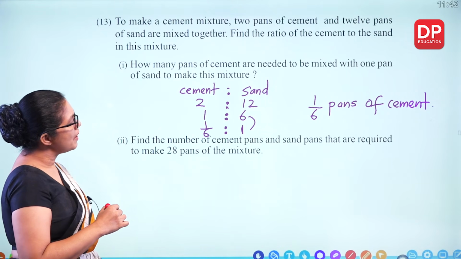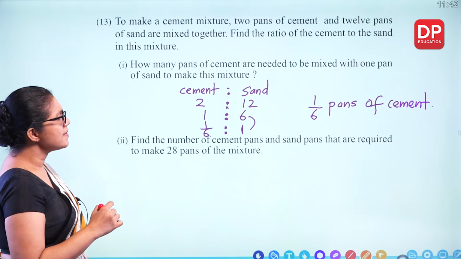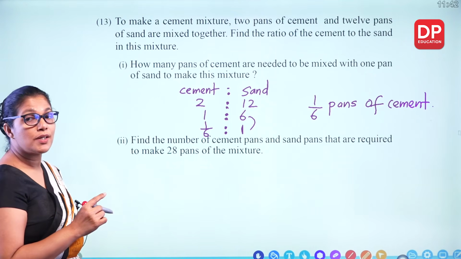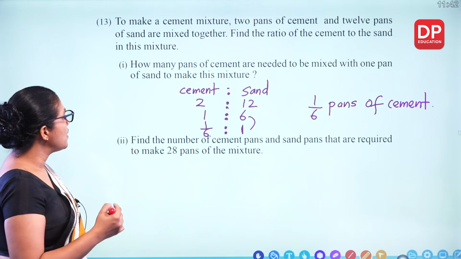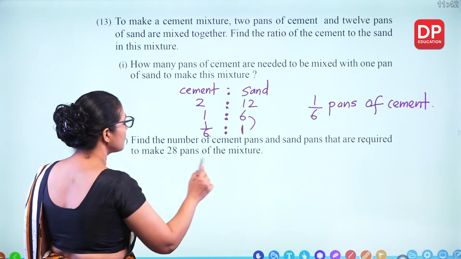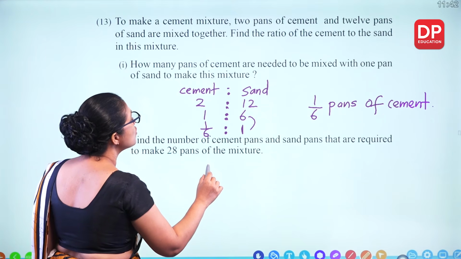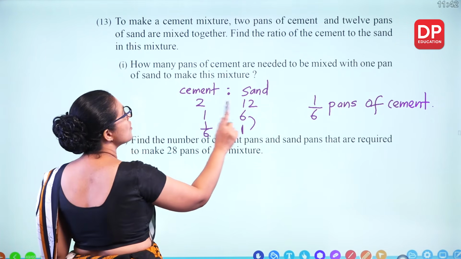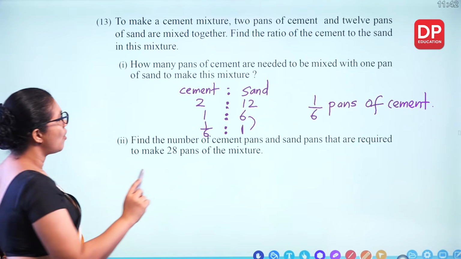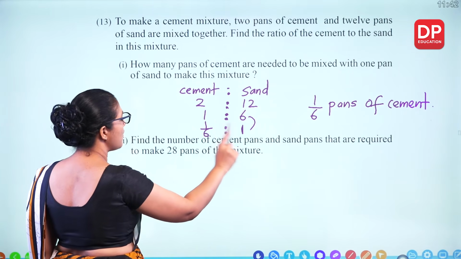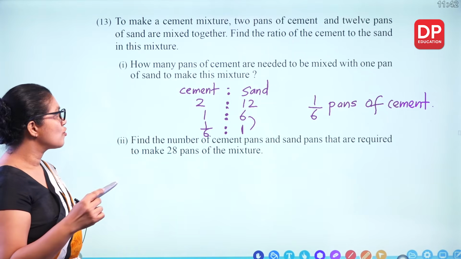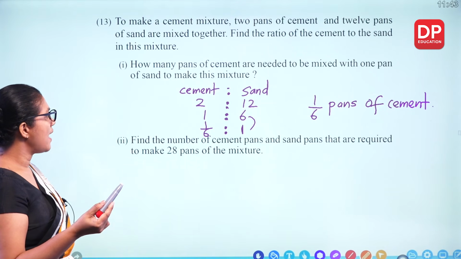Find the number of cement pans and sand pans that are required to make 28 pans of the mixture. So mixture should be 28. So how do we do that? 28 is the total. So 12 and 2, you get 14. Or here 6 and 1 becomes 7. But we need 28 pans. So 4 times bigger than that.